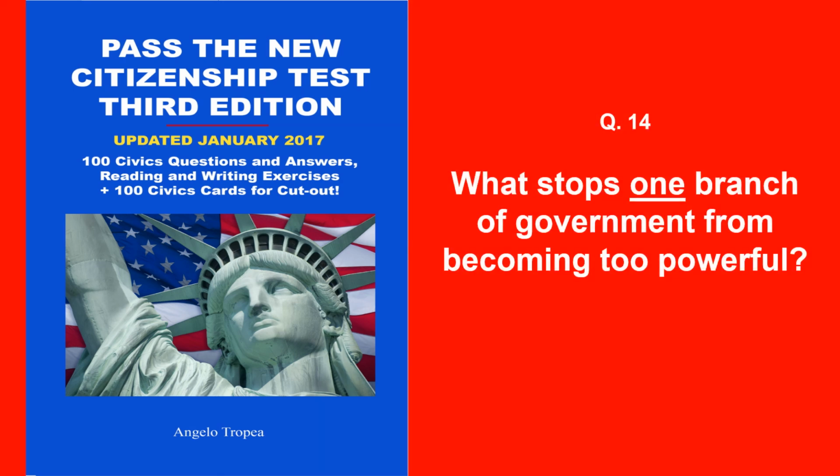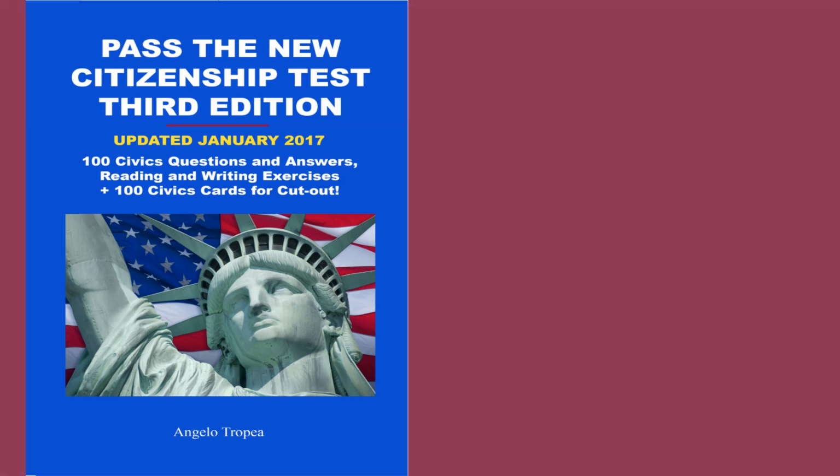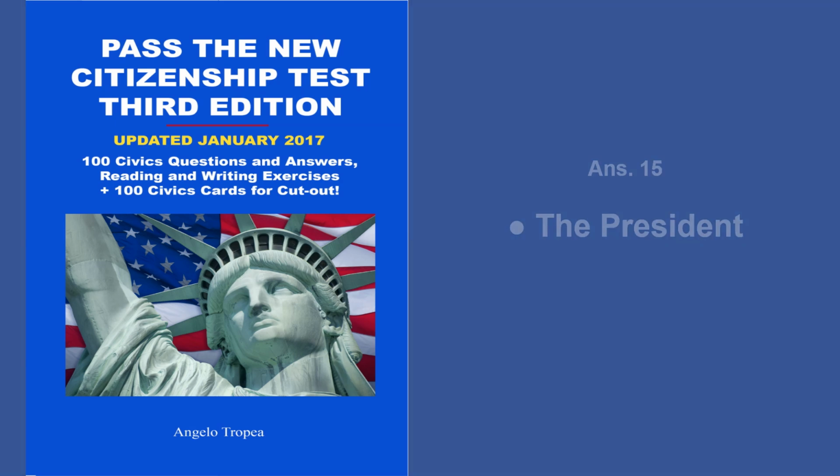What stops one branch of government from becoming too powerful? Checks and balances, separation of powers. Who is in charge of the executive branch? The president.